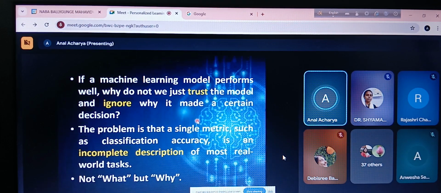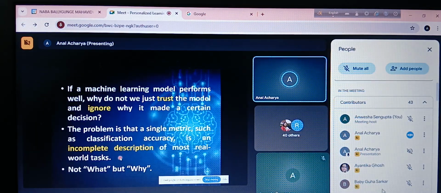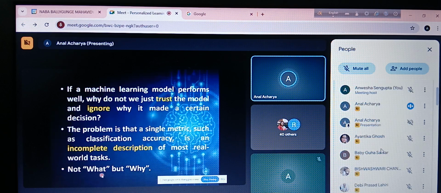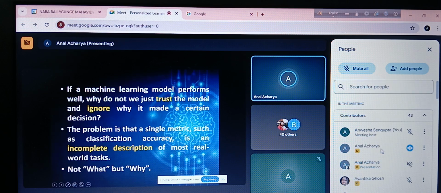But the problem is that a single metric such as classification accuracy is an incomplete description. We have seen that DRS is not all the time able to make the correct decision. Sometimes it has made decisions which are not correct. So the question is not what, but why. Why has such a decision been made?